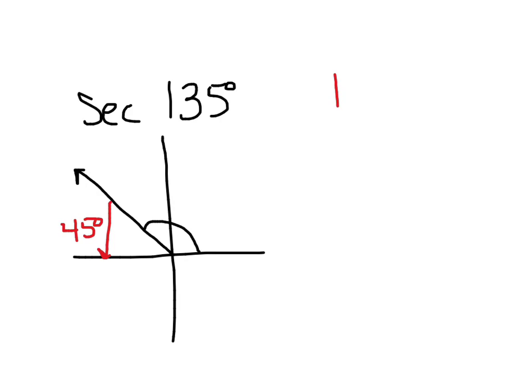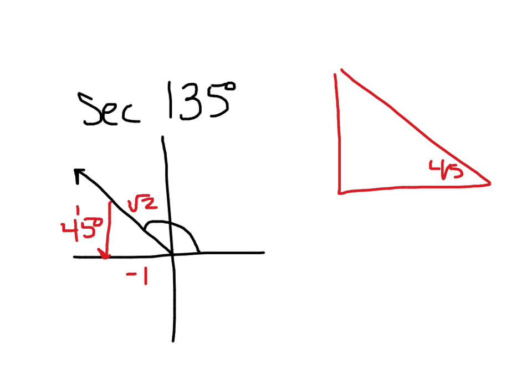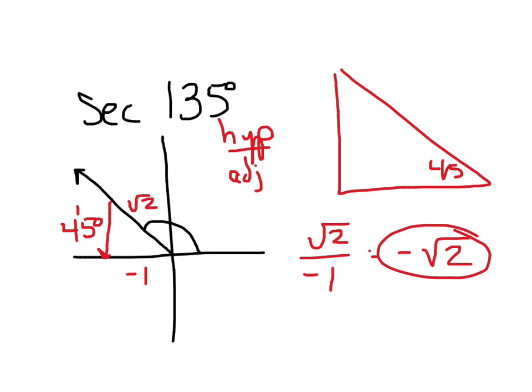So we're dealing with a 45, 45, 90 triangle. But because it's in this particular context, it's negative 1 here, positive 1 there, and root 2 there. Secant, again, is the hypotenuse over the adjacent. The hypotenuse is square root of 2, the adjacent is negative 1. I end up with negative root 2, and that's my final answer.